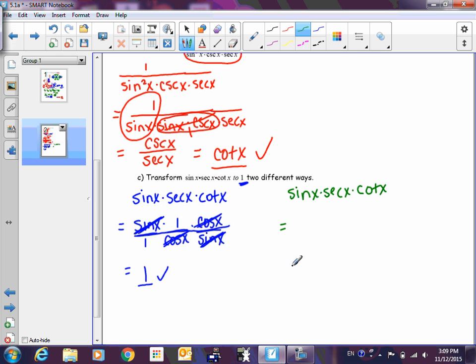Okay, anybody have an idea of something else I could have done here? Could you flip it so that it was cosecant over secant, for the cotangent?